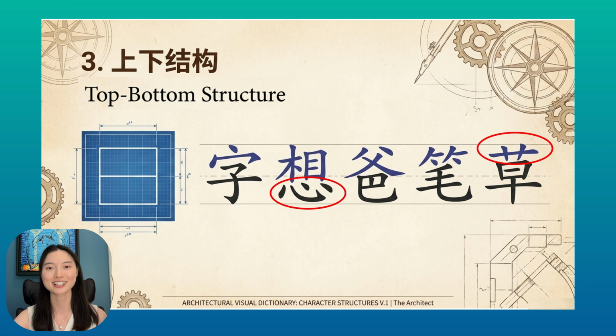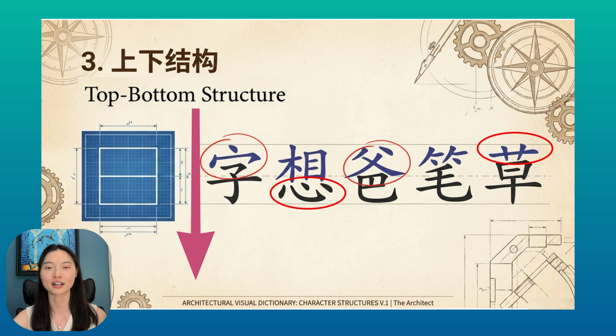Blueprint number 3, 上下结构, one component stacked on top of another. 字, a roof on top, a child below. 想, to think, to miss someone, with the heart at the bottom. Father, 父 on top, 巴 below giving the sound. 笔, pen, bamboo radical on top, hair below, which is literally what a Chinese brush is made of. 草, grass, with the grass radical 草字头 on top. 2 patterns worth remembering.